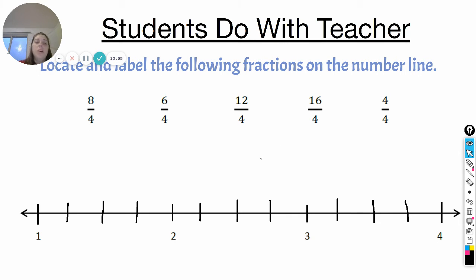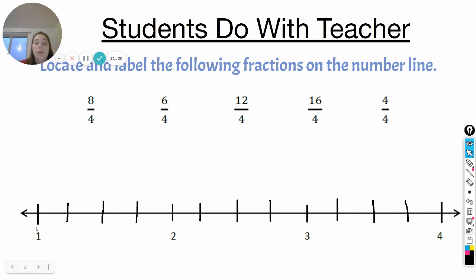Okay, the hard part is figuring out where to start. Because 8/4 isn't going to be the 8th jump because we're not starting at 0. So we need to figure out what fraction starts at 1 so we can make sure we're starting at the right number.